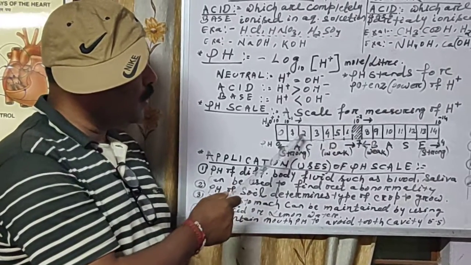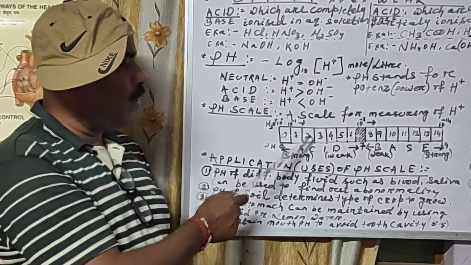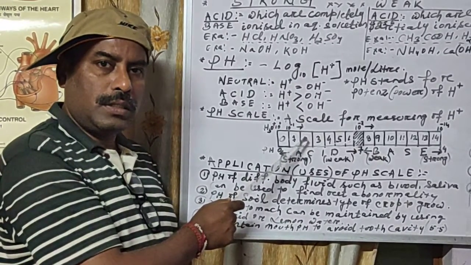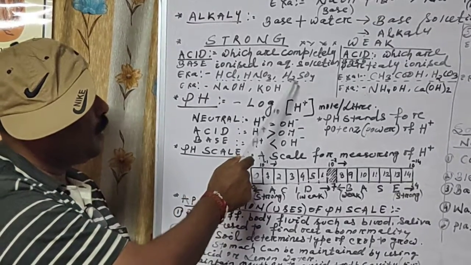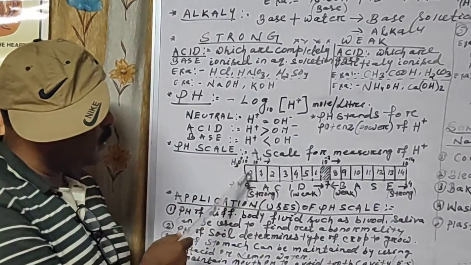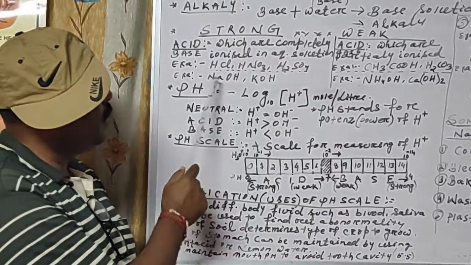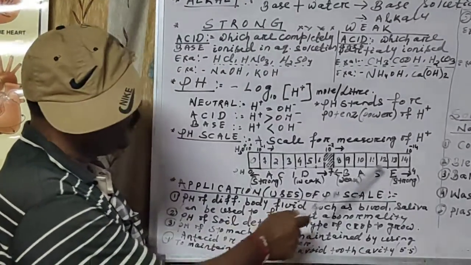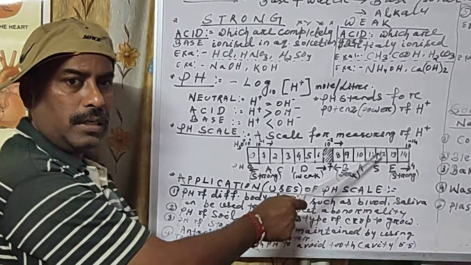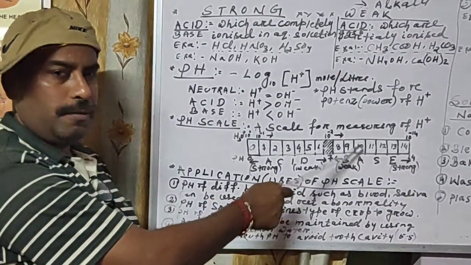And those which show extreme values like 0, 1, 2 are called strong acid. So HCl, HNO3, H2SO4 have values like 0, 1, 2. And sodium hydroxide, potassium hydroxide are strong bases. So this is about the pH scale.